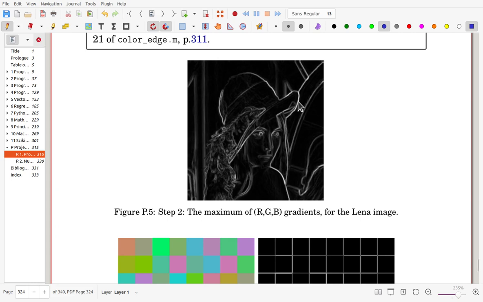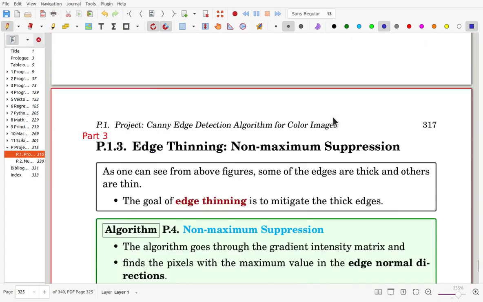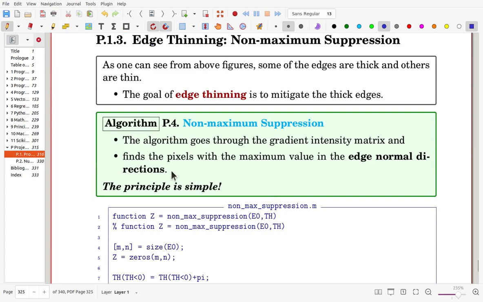So we'll try to keep only the maximum value, and the non-maximum will be suppressed. That is the idea of making thin edges.